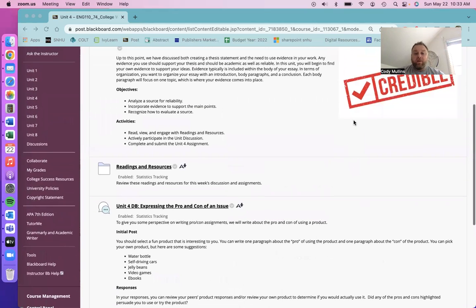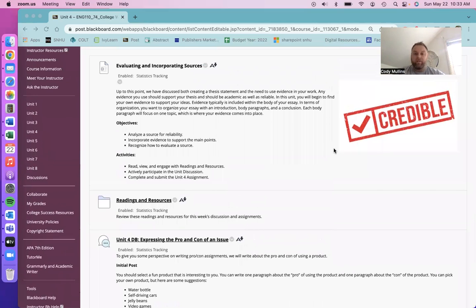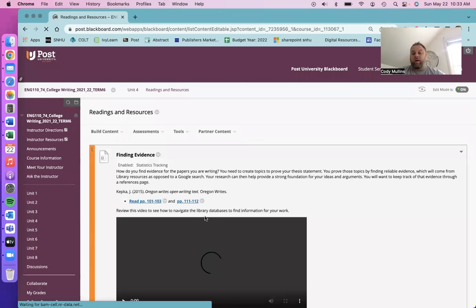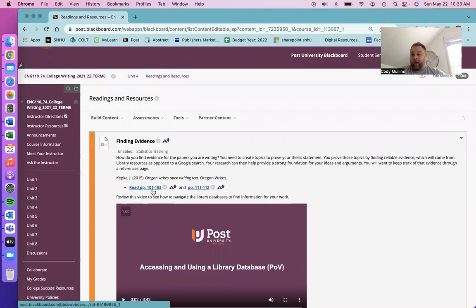So here's a little bit about what we're going to be doing. The first thing, and I cannot stress this enough, you need to be reading the reading and resources first. If you click on that, you'll see there are a couple pages here in the Oregon Rights book. And I don't know if you're having trouble finding this.